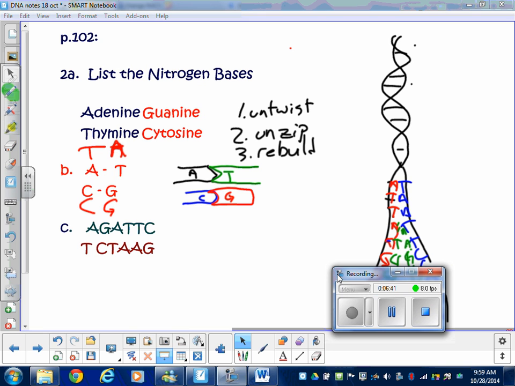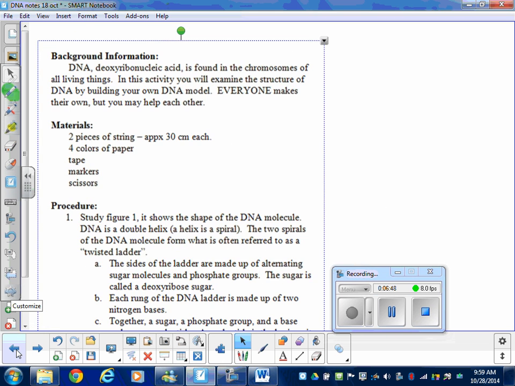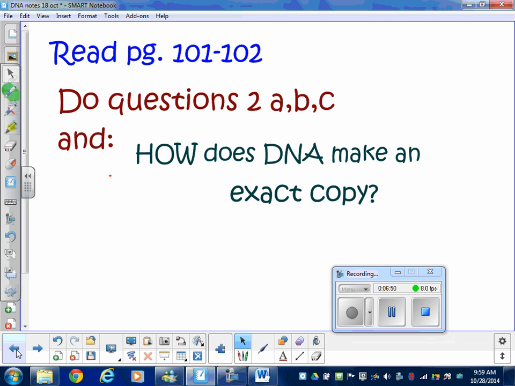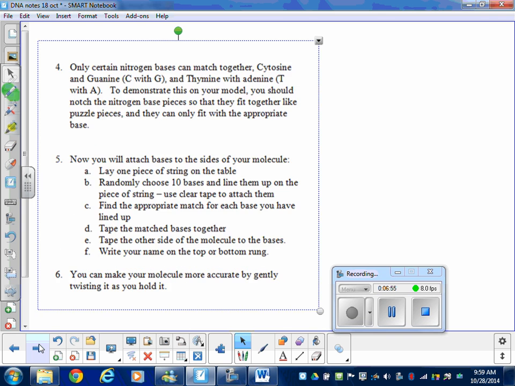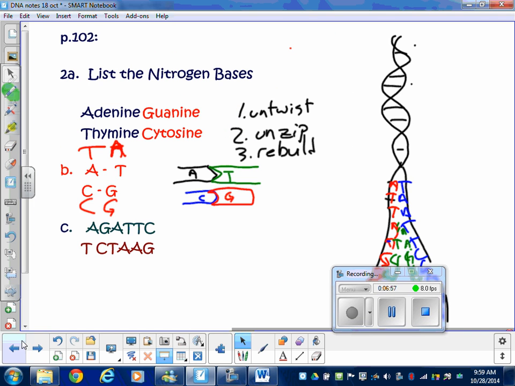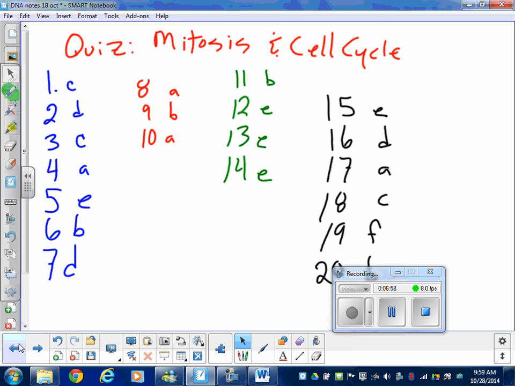You now have your Make a DNA Molecule worksheet. Put your name on it. And what's going to happen here is by the end of tomorrow, you will need to have answered all of those questions on the back, questions 1 through 9. Every single answer is on the front side.